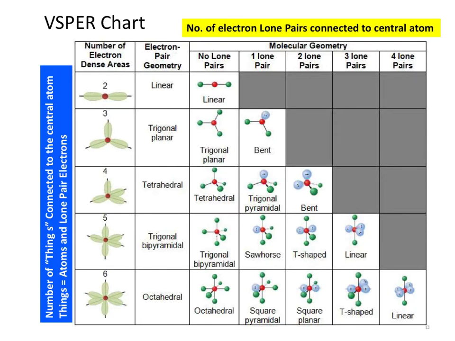If we have three things connected to the central atom, three things again being a physical bond to another atom, or an electron-rich area of a lone pair, and if we have three things and no lone pairs, so the three things are all physically atoms, then we are going to say that the unit is trigonal planar.